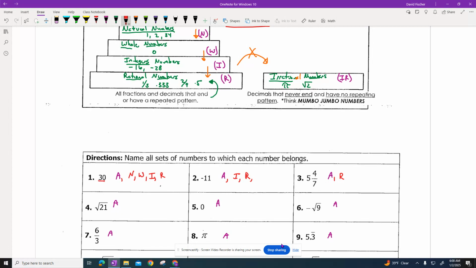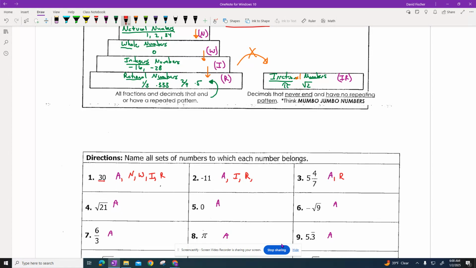Okay? Now, square root of 21, sometimes you might take your calculator, because I'm not sure what the square root of 21 is. And so you got to know how to do square roots on your calculator. I want to do square root of 21. I want to make it into a decimal. Now, it looks to me like it fills up all my digits in my calculator.